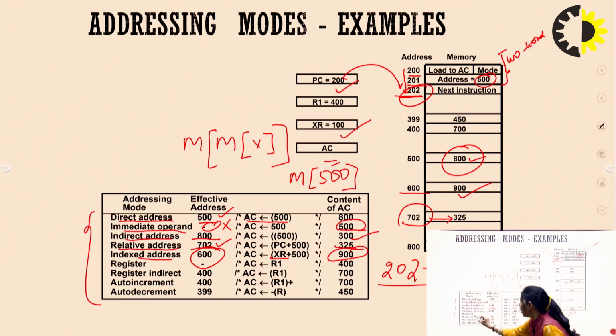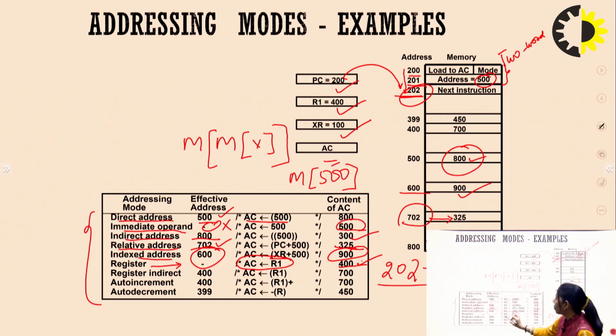The register address, we know that it's the register itself that is containing the value. So register address means if the mode of address is register, we need to move to the register itself. So the register value is 400. So automatically the accumulator will not calculate any effective address. It will just consider the value that is stored in the register only, and that value is 400.